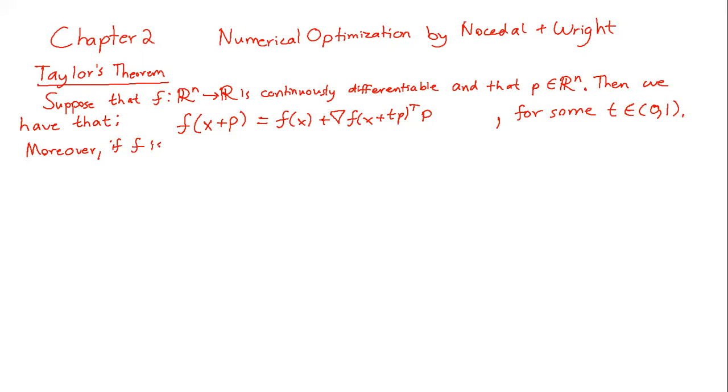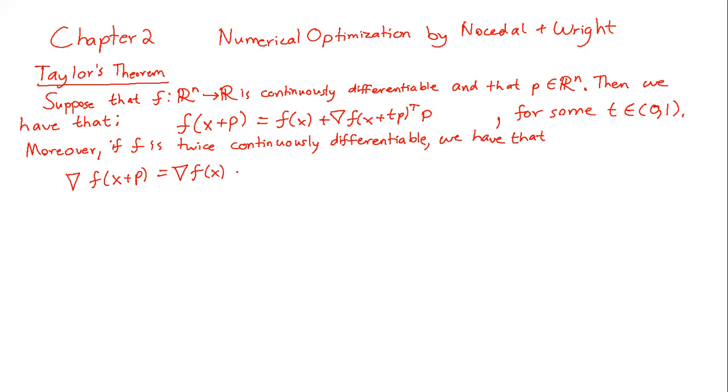So moreover, if f is twice continuously differentiable, we have that del f of (x plus p) equals del f of x plus the integral from 0 to 1 of del squared f of (x plus tp) p dt.